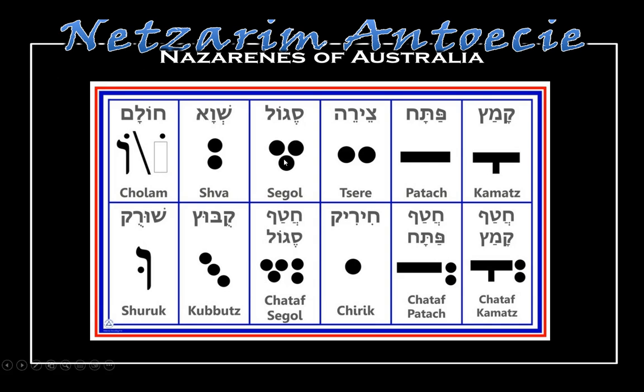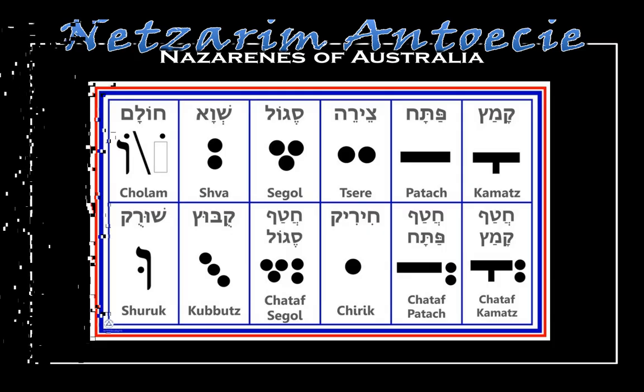Then we have a segol, which is a short E sound. We have a tzere, which is a longer E sound. Then we have a patach, which sounds shorter. And then we have kamatz, which is like a longer A sound. It's just to help us when we're pronouncing the words to give them shorter or longer sounds, just to make it a bit more accurate.